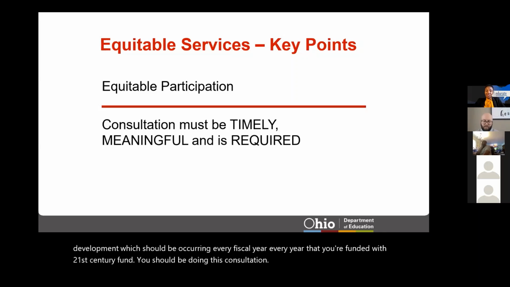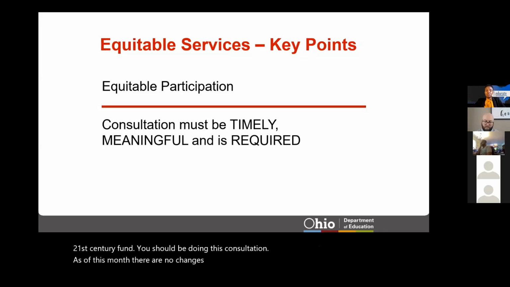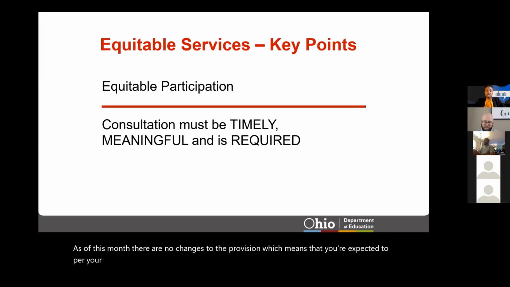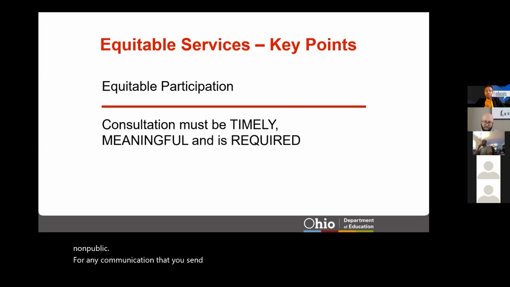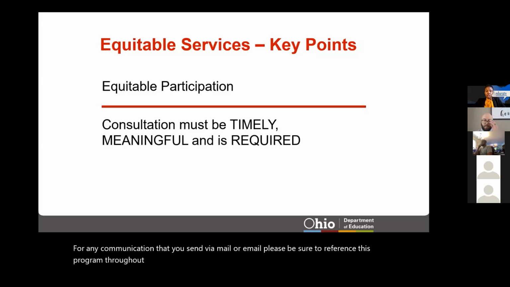As of this month, there are no changes to the provision, which means that you're expected, per your approved application or continuation plan, to continue consulting with eligible non-publics. For any communication that you send via mail or email, please be sure to reference this program throughout that document.